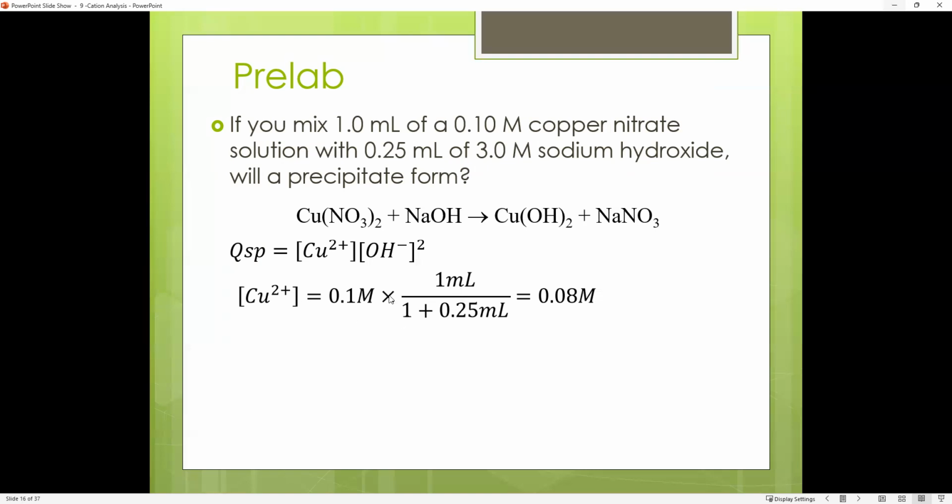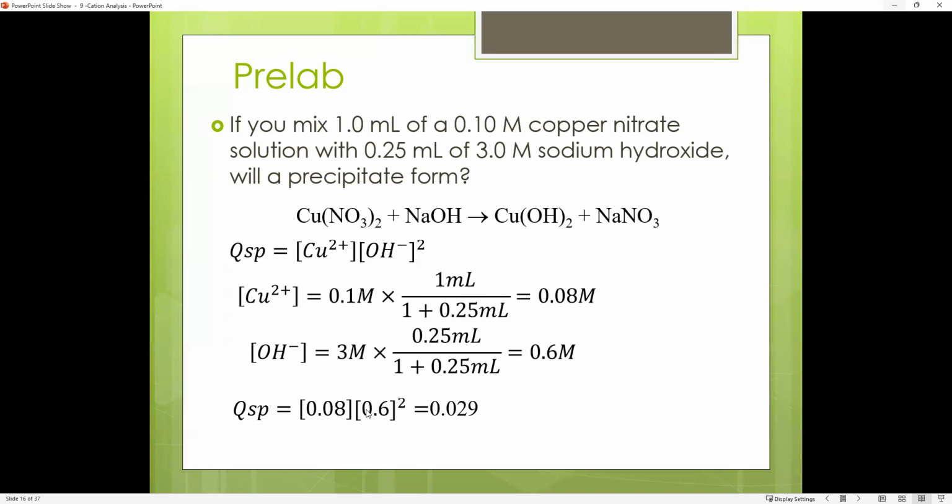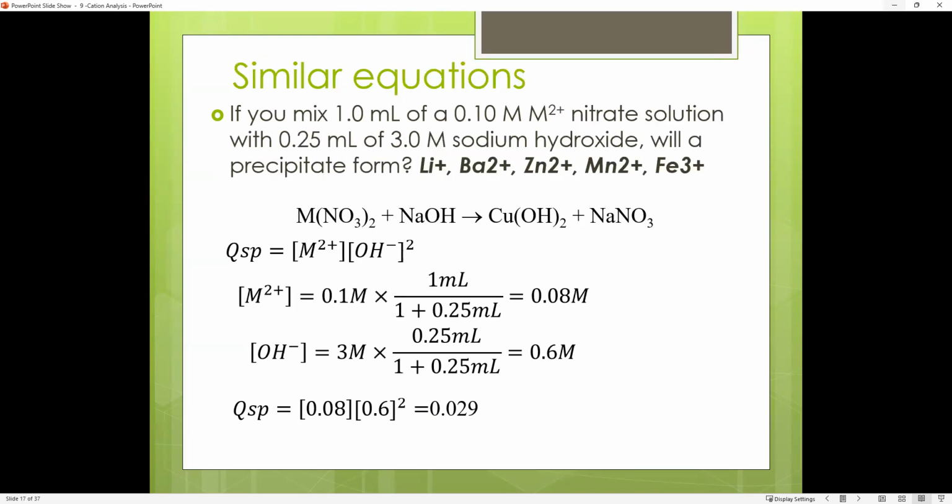So you have to do M1V1 equals M2V2, or this is another form of it, to find the new concentration of the metal and of the hydroxide. And now we can plug it into this QSP formula to give us the QSP, and we can compare that with the KSP. If there's no KSP given at the end of the lab, then you'll just assume it has a high solubility and it's not going to precipitate.